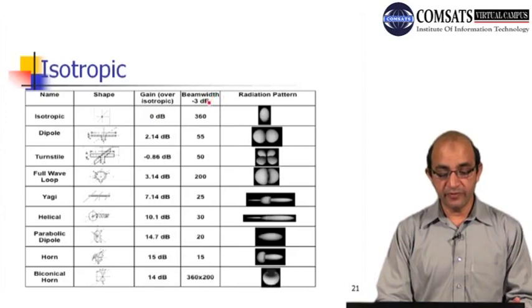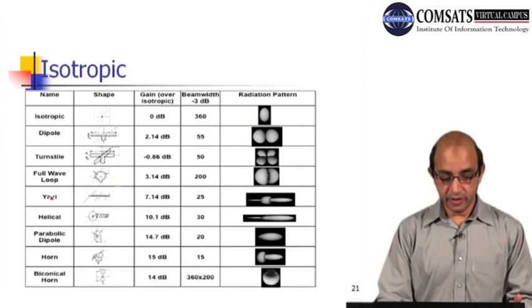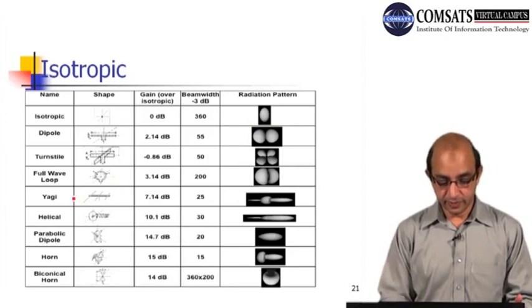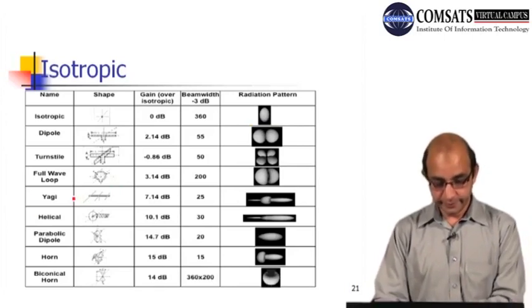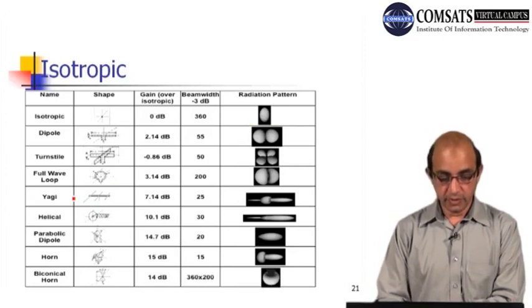The beam width is 360, so it's not possible in a real antenna. And then this is the radiation pattern, and we can also have the radiation pattern, beam width, gain and shape of some other antennas.